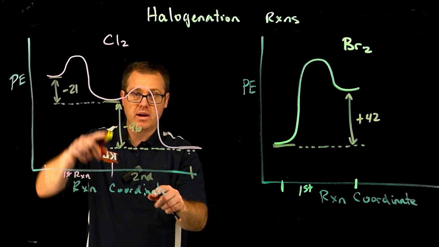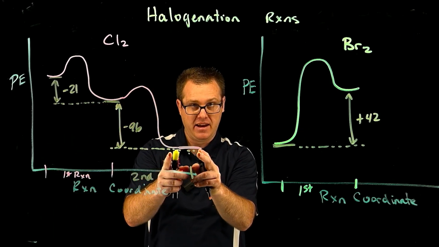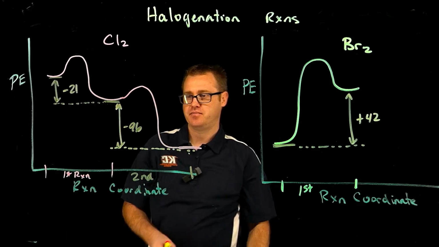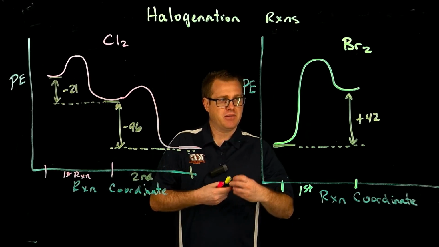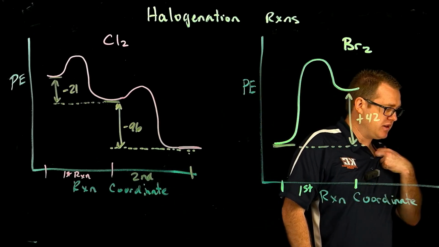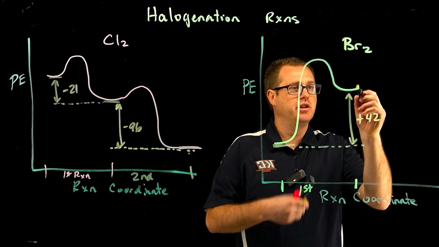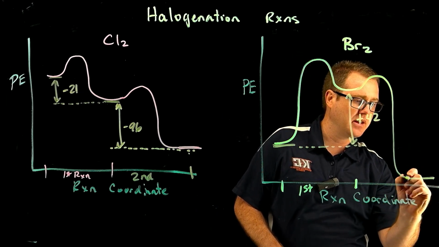And it is once again exothermic because we started here and we ended at a lower energy. Isn't that cool? Now, if we compare that to bromination, what does the bromination curve look like? Well, it's going to come up a little bit and then come back down over there.